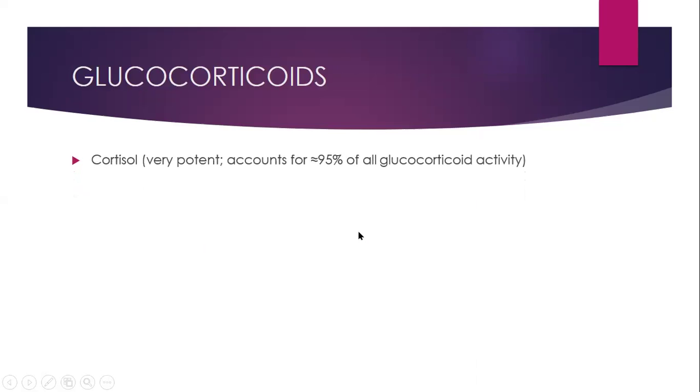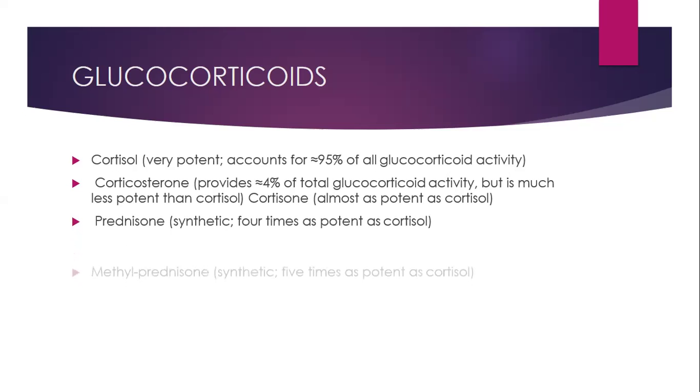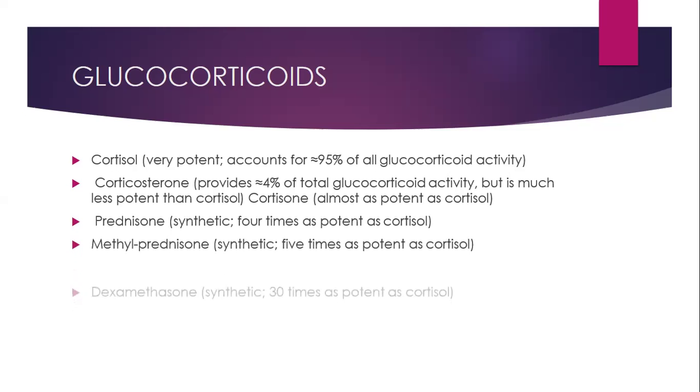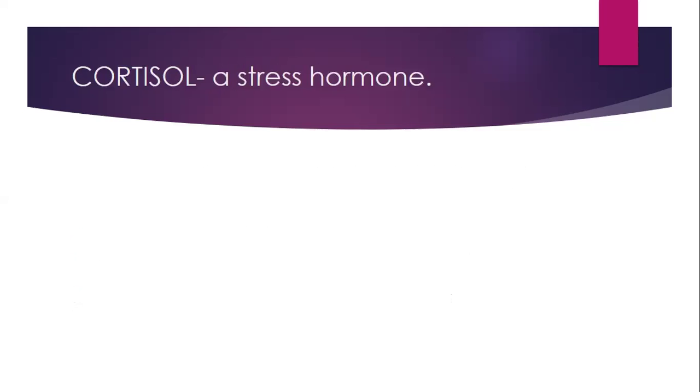For glucocorticoids, we have cortisol, which is very potent, approximately 95% of the glucocorticoid activity. We have corticosterone, which provides approximately 4% of the total corticoid activity. Then you have the synthetic forms like prednisone, which is 4 times as potent as cortisol, methylprednisolone, and dexamethasone, which is 30 times as potent as cortisol.